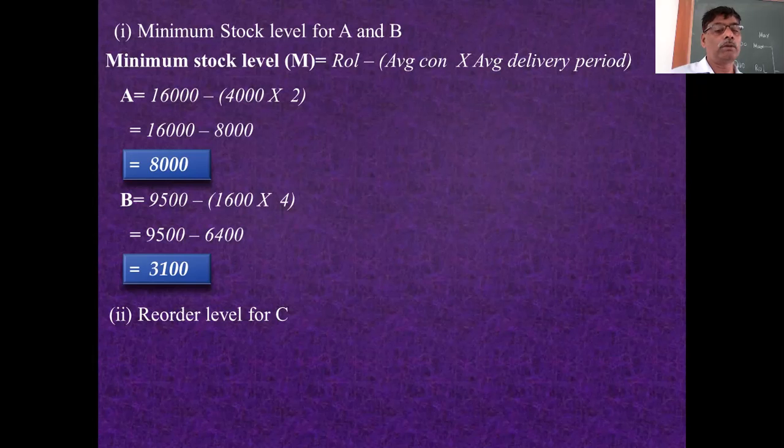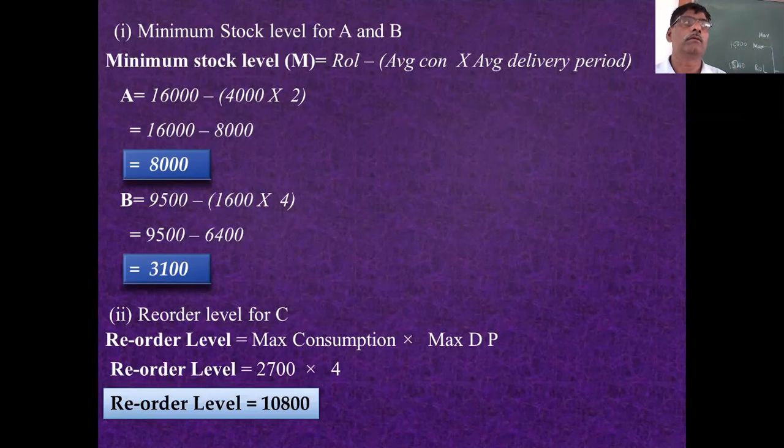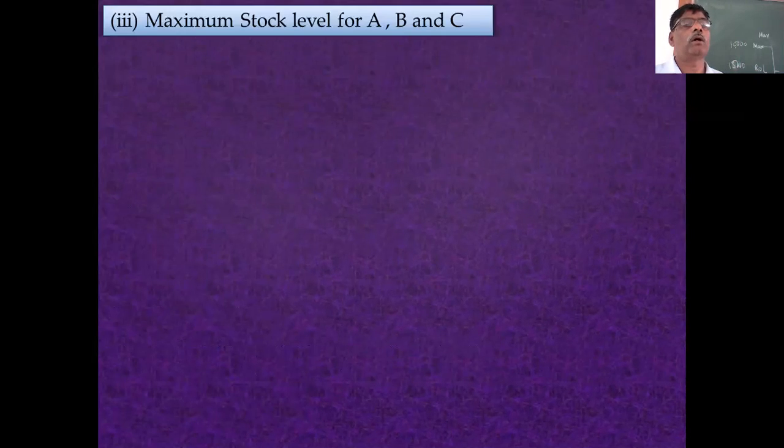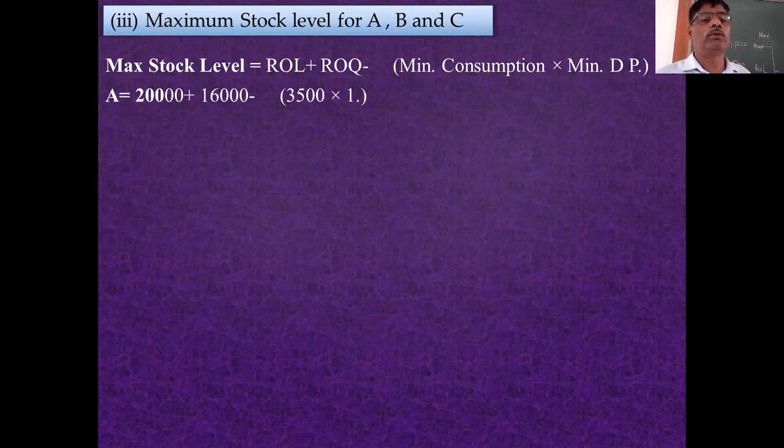Like this, you solve the answer. Reorder level for C is equal to maximum consumption into maximum delivery period. You take information from the C column, fill it, and your answer is 10,800. Okay. This is only one question asked. Then maximum stock level for A, B, and C. All the three I will calculate. This is the equation. First give the equation, then calculate A, B, and C. Take the information from the A column: 20,000 ROL, ROQ 16,000 minus 3,500 into 1.